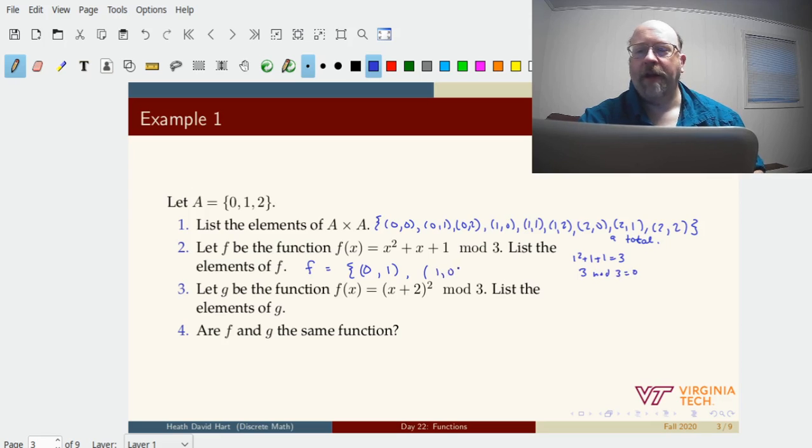So 1 is going to go to 0. Let's look at 2. 2 squared plus 2 plus 1, 4 and 2 and 1 is 7. But 7 mod 3 is congruent to 1.